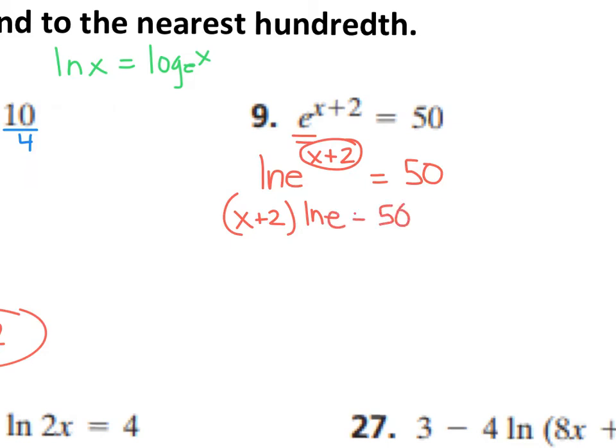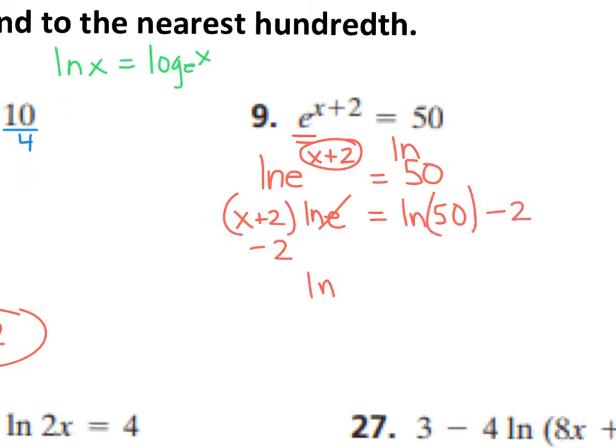Oops, I forgot to write, gotta erase this over here. I forgot to write natural log e over here, or natural log 50. So this is going to be, because I took the natural log on each side to keep the equation balanced. So this is going to cancel out, and now I'll have x plus 2 equals the natural log of 50, so I'm going to subtract 2.